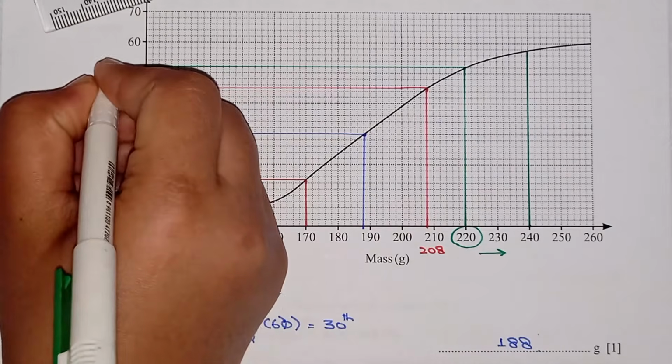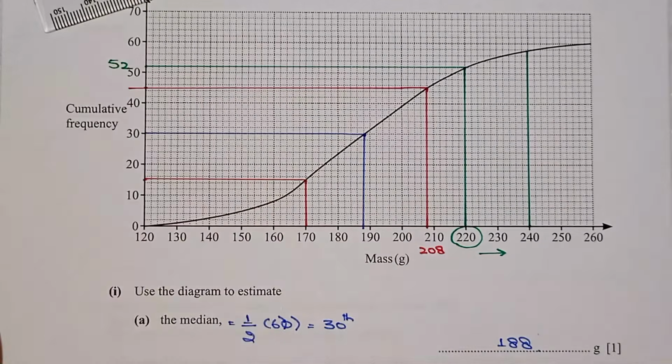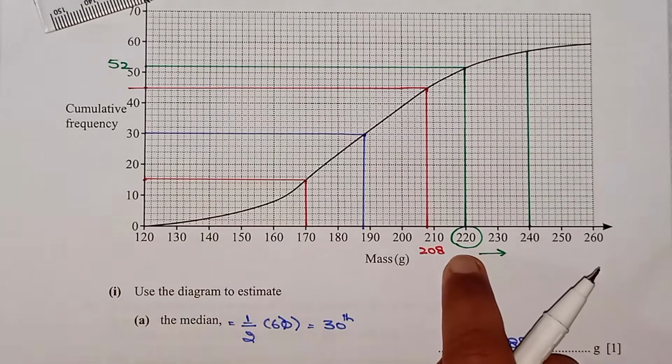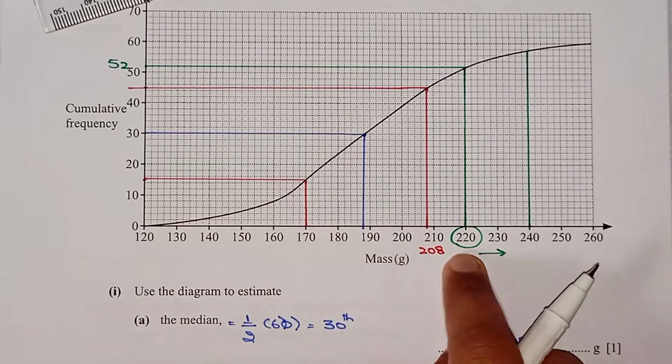Okay, so according to 220, there would be 52 potatoes. Okay, and the total we have 60 potatoes, right? So 52 potatoes have a mass of 220 grams or less, and the total potatoes are 60.